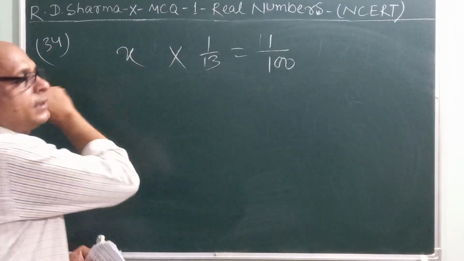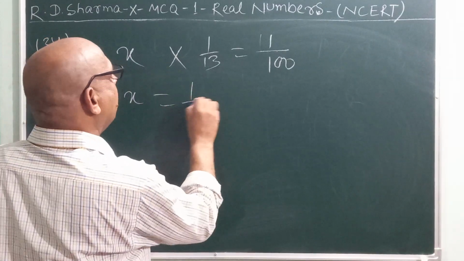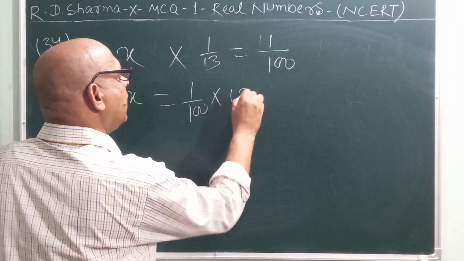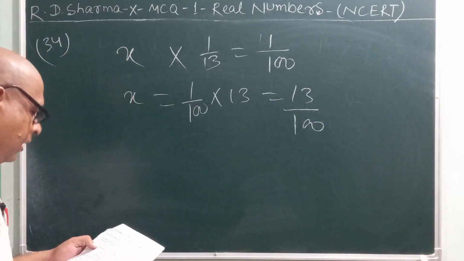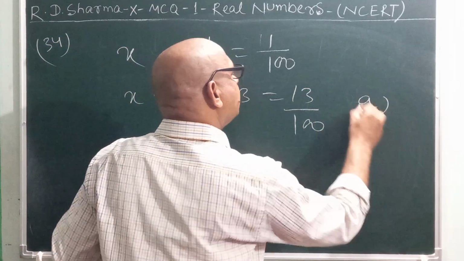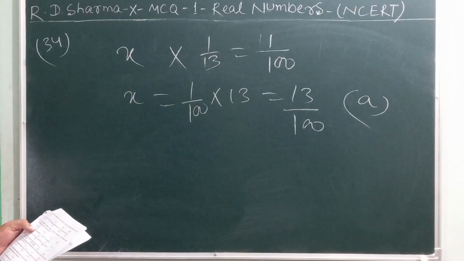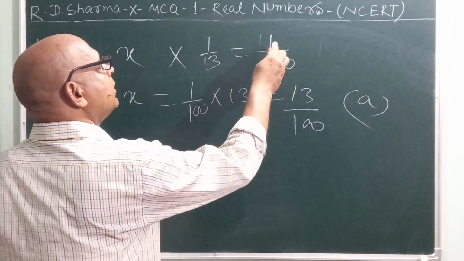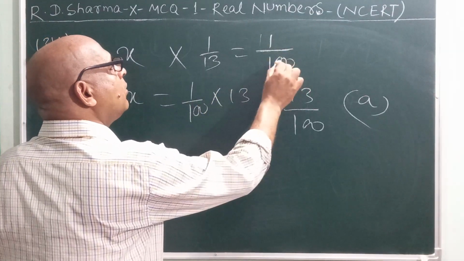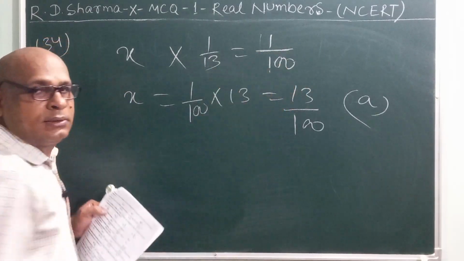What is the value of x? Clear? Then x equals 1 by 100 into 13, so the answer is 13 by 100. Question 34, answer A. Its decimal expansion terminates after 2 decimal places, so 1 by 100. Clear?